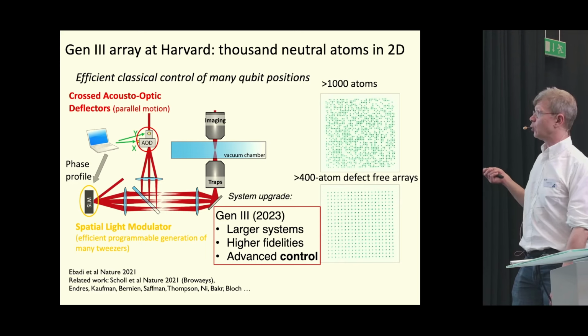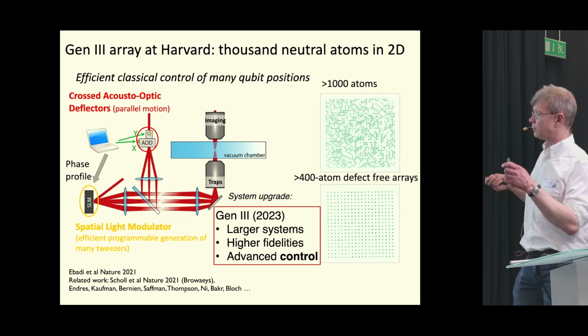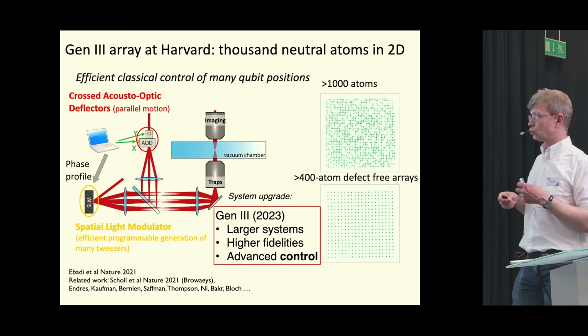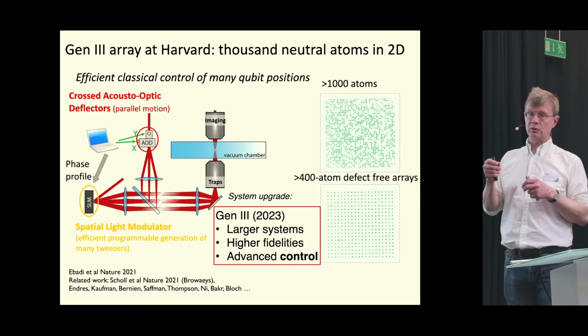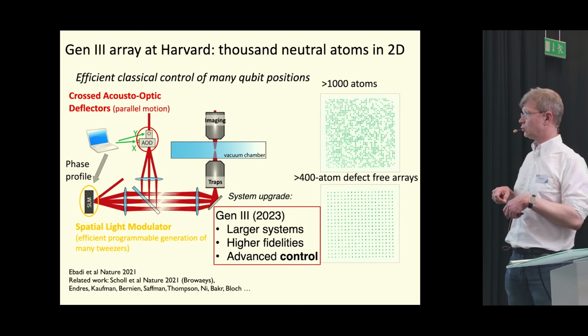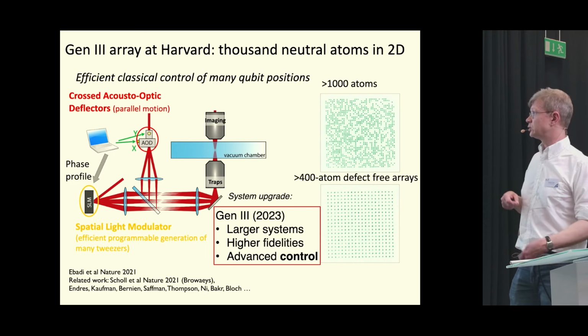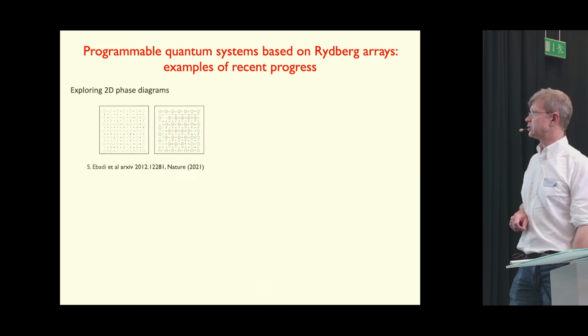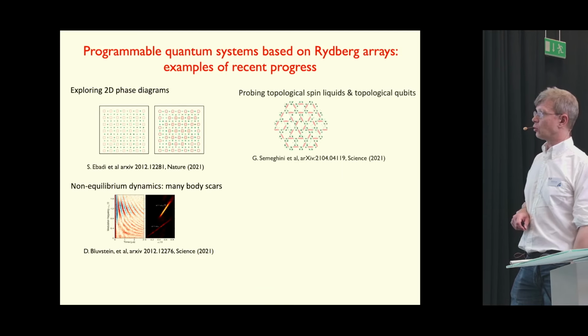By now we can form arrays with more than 500 atoms, and in particular we have all sorts of tools to address atoms individually, move atoms around, do single qubit rotations and things like this. I will talk about this tomorrow. These are some examples of the recent progress.